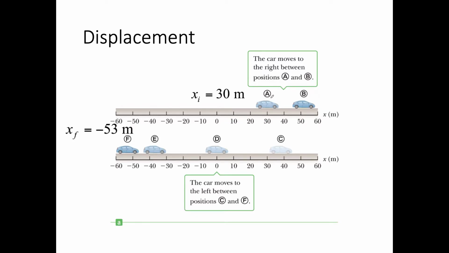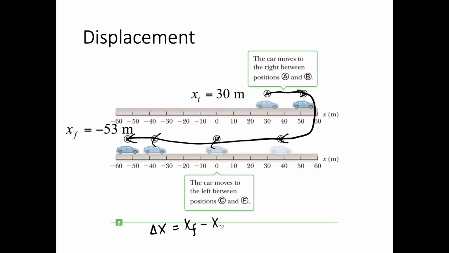Now we put it together. What is the total displacement? The car moves from A to B, and then from B to C, from C to D, and keeps going to F. By definition, displacement is final position minus initial position, which is negative 53 meters minus 30 meters, which should be negative 83 meters.